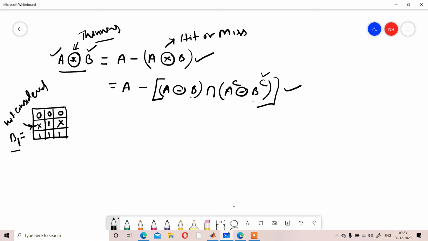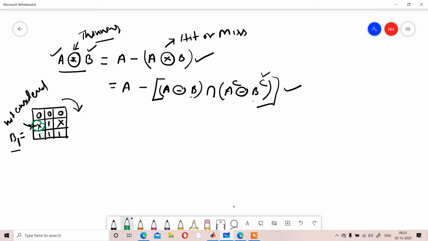Considering the clockwise direction, you will consider any position, whichever position, and how many shifts may happen over the structuring element in the clockwise direction.